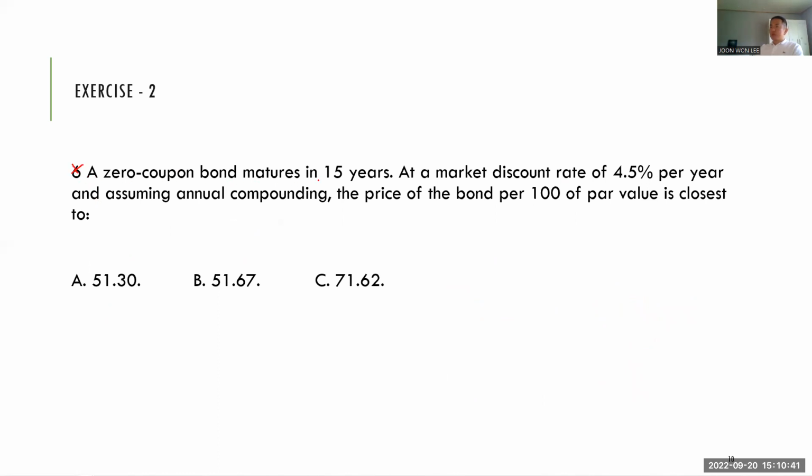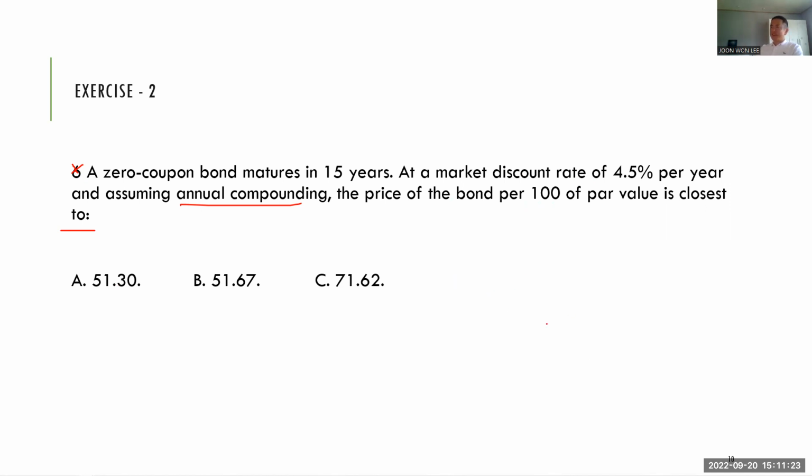A zero coupon bond matures in 15 years at a market discount rate of 4.5% per year, assuming annual compounding. Annual compounding means annual coupon payment. The price of the bond per 100 par value is closest to what? We also need calculation. Please do the calculation and let me know what the answer is.